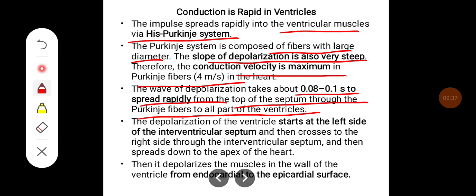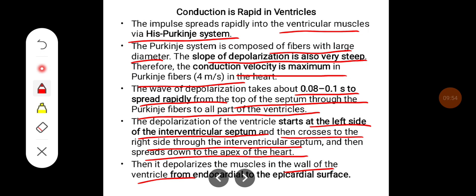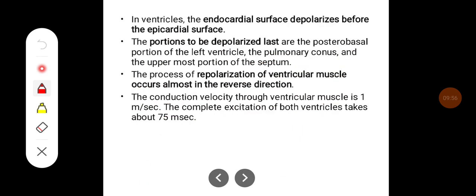Depolarization of the ventricles starts at the left side of the interventricular septum and then crosses to the right side through the interventricular septum and then spreads down to the apex of the heart. Then it depolarizes the muscles in the wall of the ventricle from endocardial to the epicardial surface.